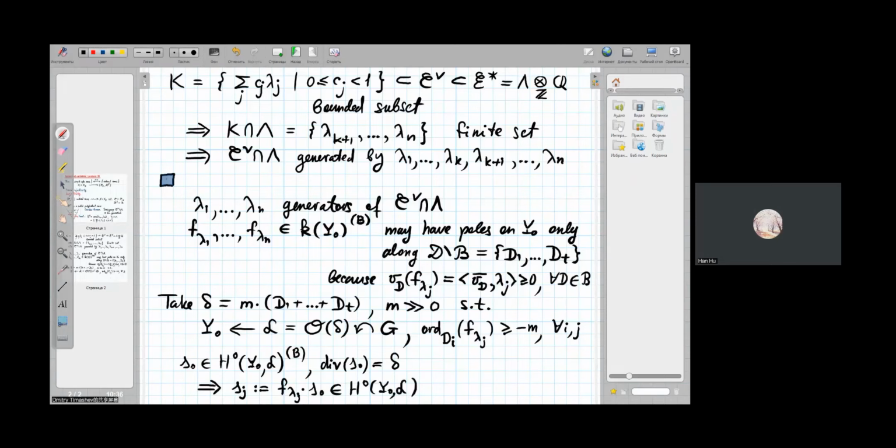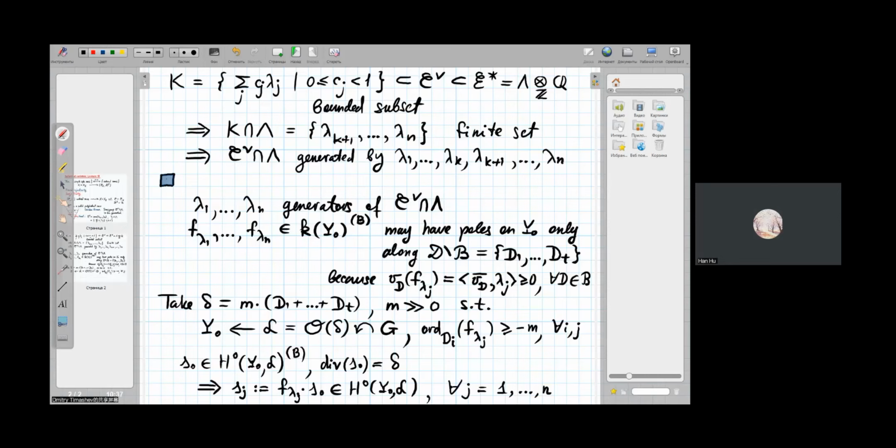The poles may come from the poles of these functions f lambda j, but since the vanishing order of each of these functions along each of these divisors is greater or equal than minus m, and the section S naught has a zero of order m along each divisor Di because of this form of the divisor delta, these zeros of the section S naught kill the poles of the function f lambda j, and we get a regular section for any j ranging from 1 to n.